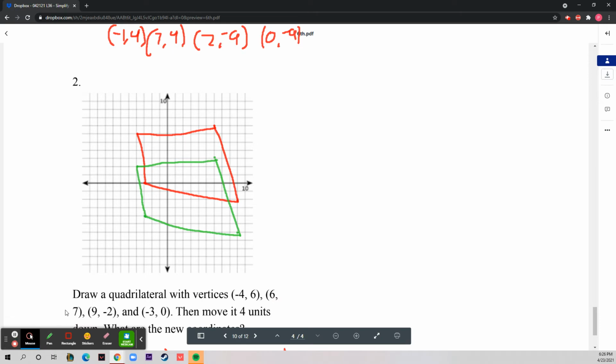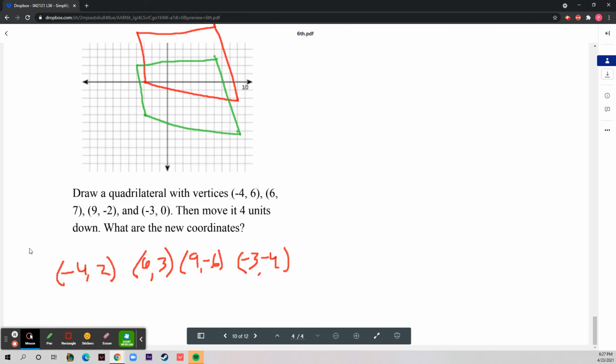And you can see that the new coordinates are negative 4, 2; 6, 3; and then negative 3, negative 4; and also 9, negative 6, which is exactly what I said down here.